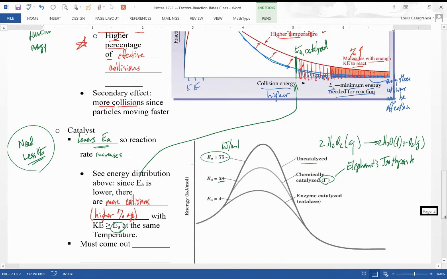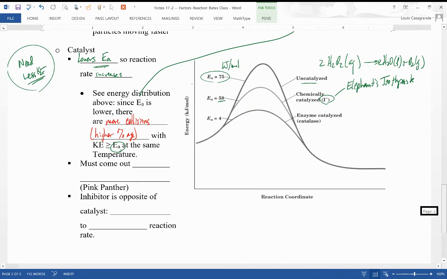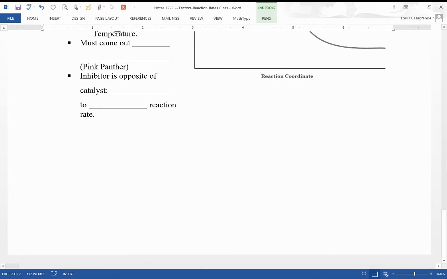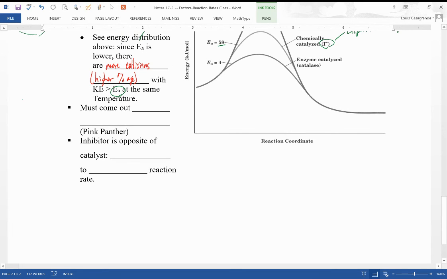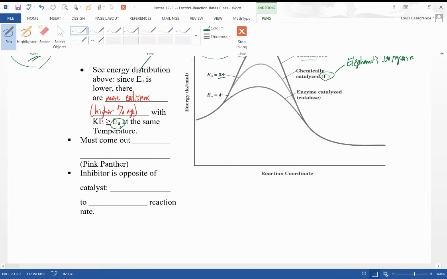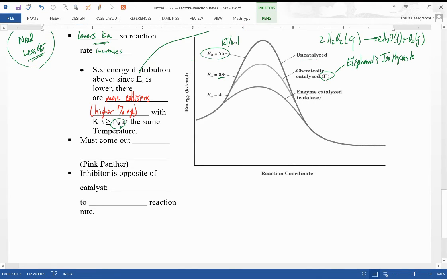But there's something else about catalysts that's important that doesn't show in this reaction. For something to be considered a catalyst and not a reactant, catalysts do react. They do take part in the reaction. But in the end, the catalyst must come out the same as it goes in.